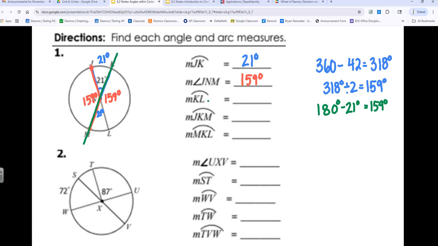So the next part asks us for arc KL here. Joey, what would we get for KL? 159. Very good. And then it asks us for arc JKM. JKM, I've got to go around this direction. What do we do here, Fernando?